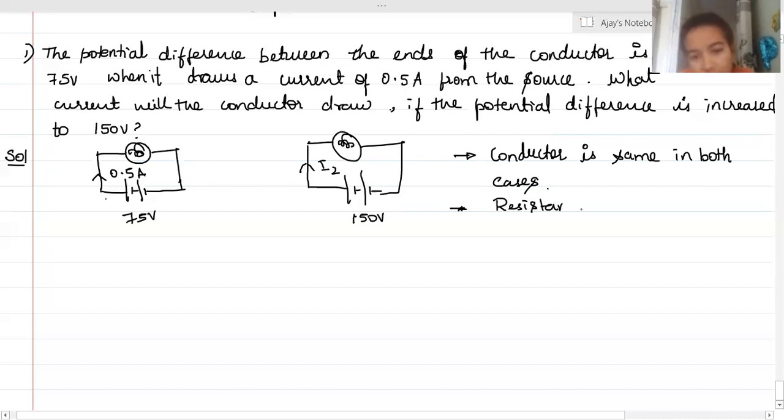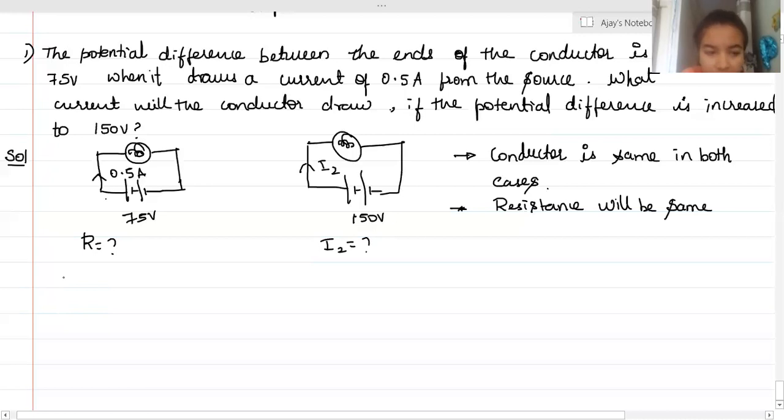Remember this. When will resistance be the same? If you don't change the conductor. So in the first case, you have to find the resistance. In the second case, use this resistance and find I.